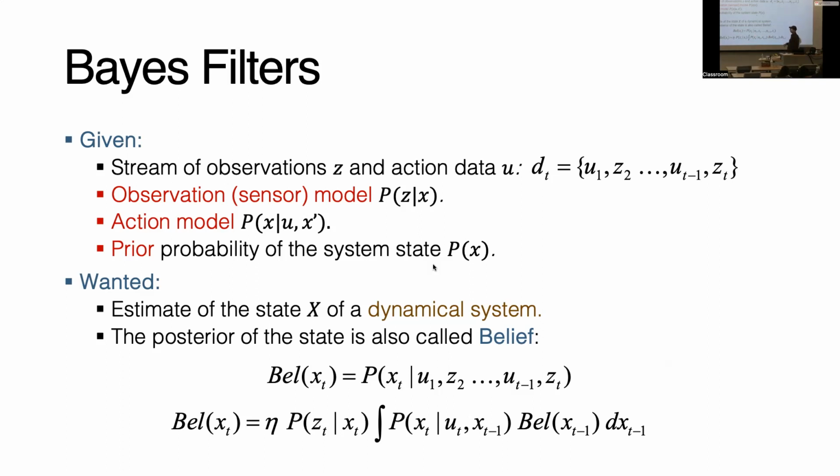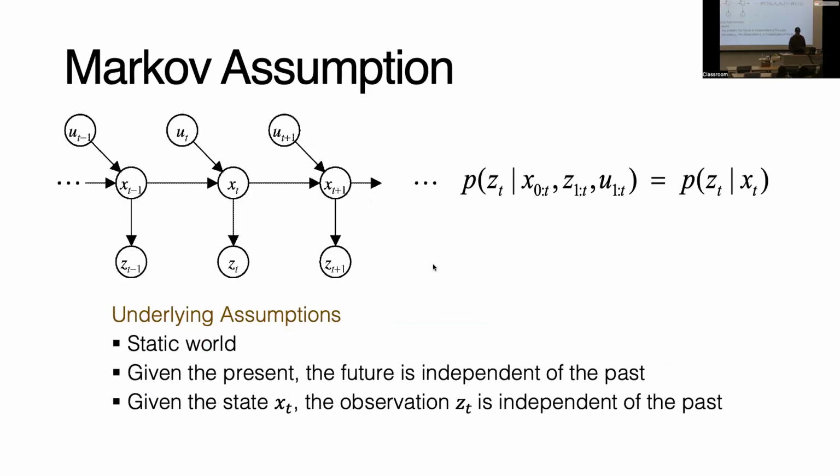And we can calculate this using this form. Now, this seems daunting, but it's actually not that bad because we can make the Markov assumption. So we make a few underlying assumptions about our system, and then we can just make this simple step of updating it at each time step.